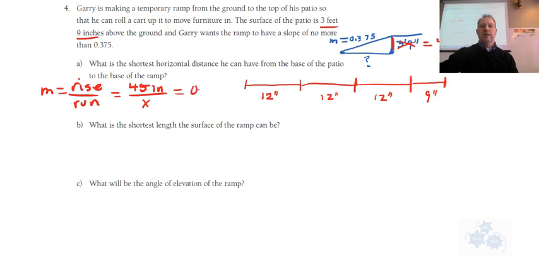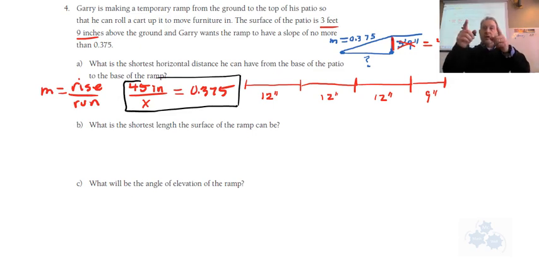The slope is given as 0.375. Here's the equation we're going to focus on. So go ahead and solve for x. Now that we've got that set up, how would we solve for x? Go ahead and do that. Take a second.